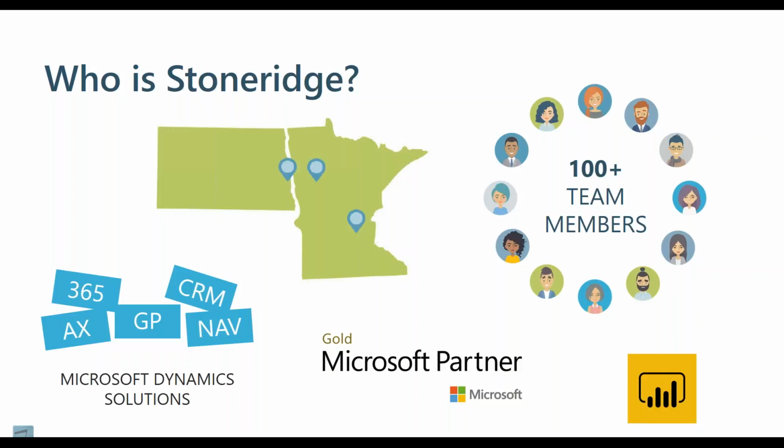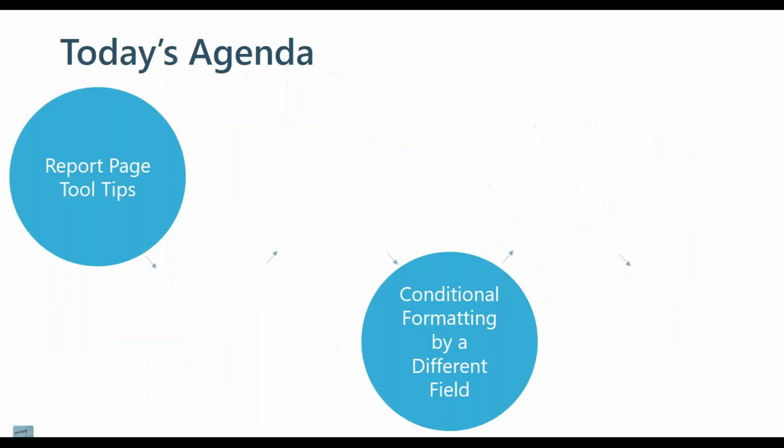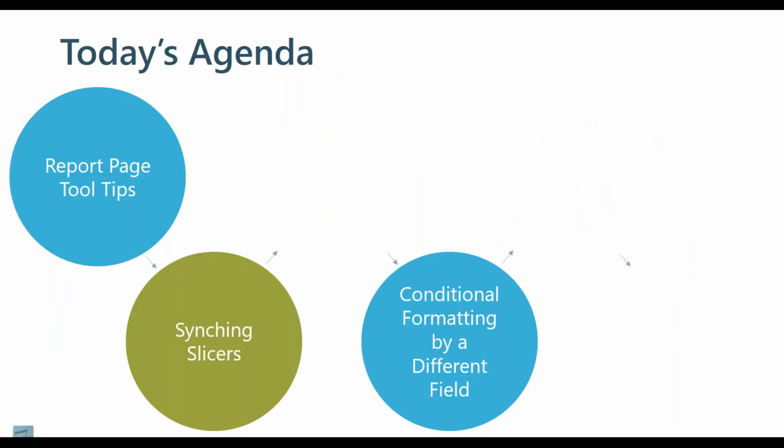So going on into the actual agenda for today, what we'll take a look at first are some of the new enhancements and features that Power BI Desktop has to offer. The first thing is Report Page Tooltips. We'll discover how we can synchronize slicers across multiple pages or multiple dashboards in the desktop.